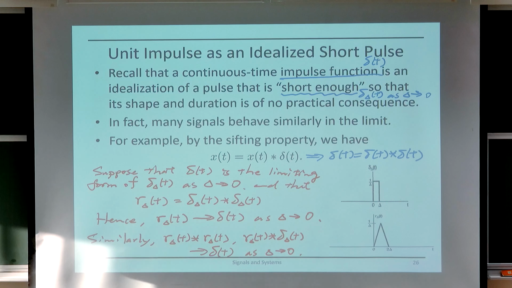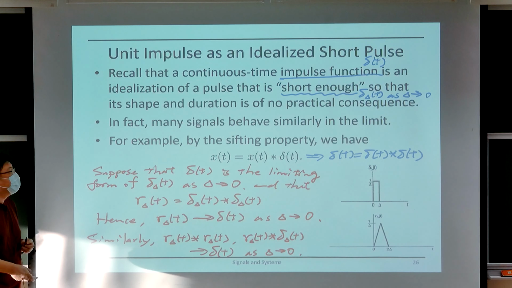So at the end, we went back and reviewed what it means to view an impulse function, this delta of t here, as a limiting form or an idealization of a pulse that is short enough.